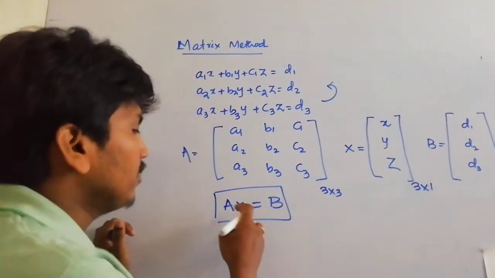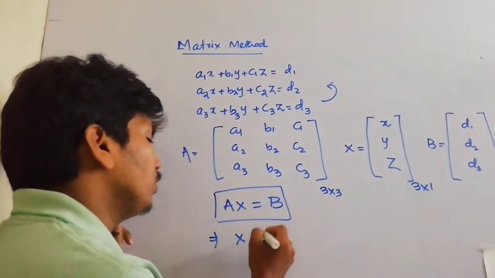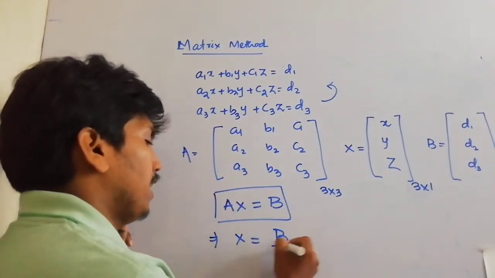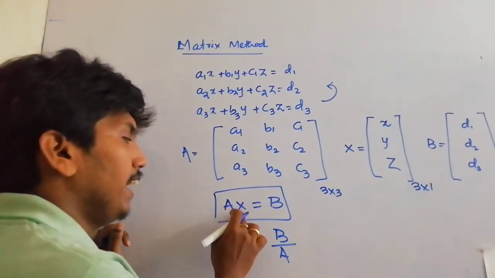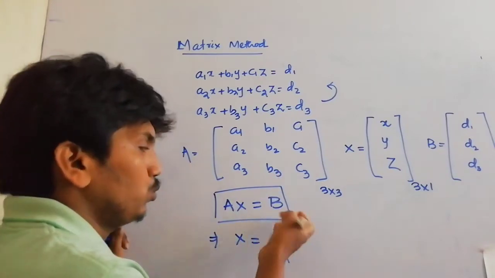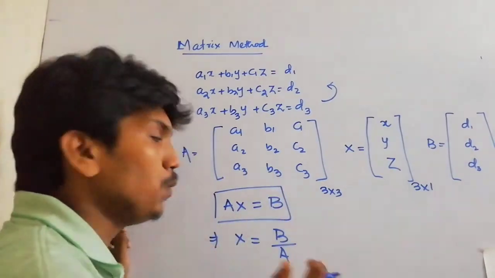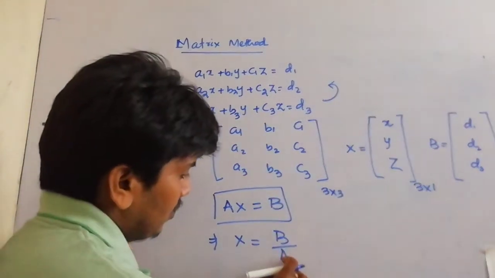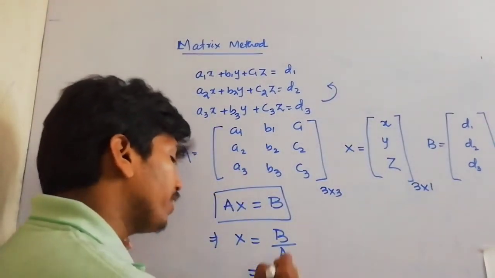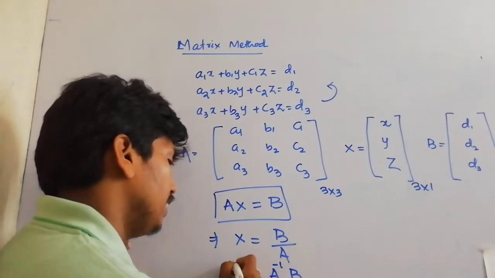How can you find out the value of X? Here X is equal to B by A. That means A is multiplied, and whenever A goes to the other side, it converts into division. So you can also write A inverse B.